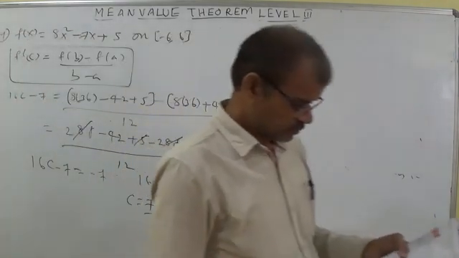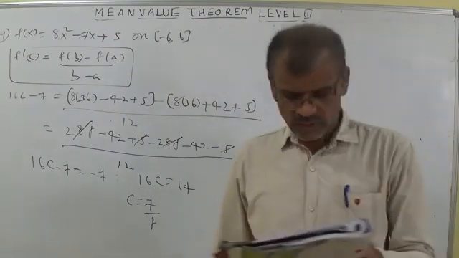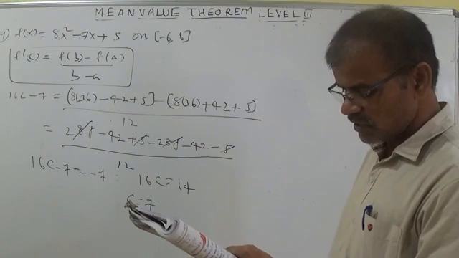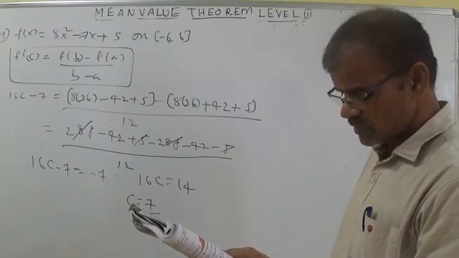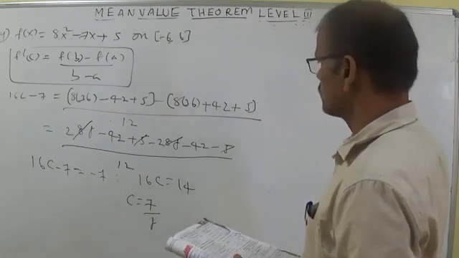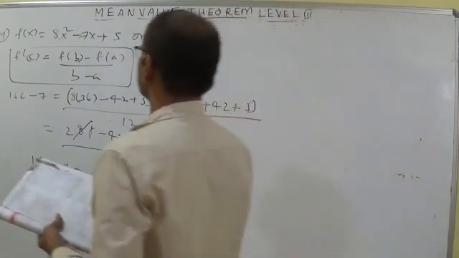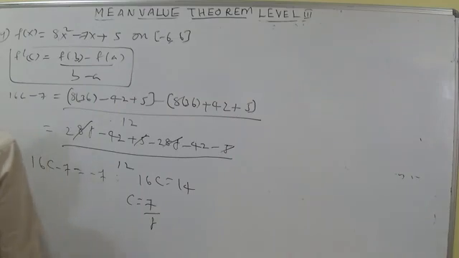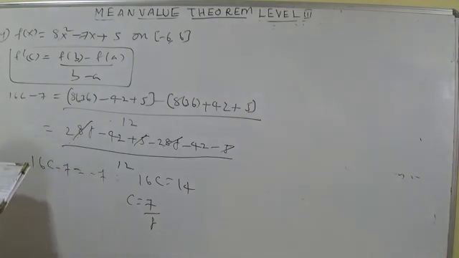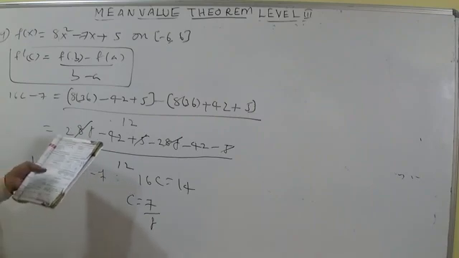Ninth question. Consider the function 8x square minus 7x plus 5 on the interval minus 6 comma 6.